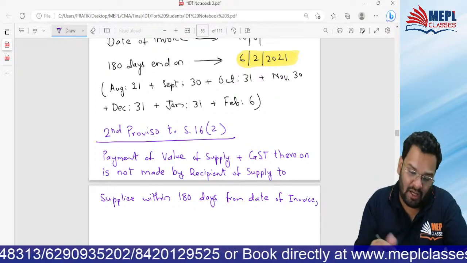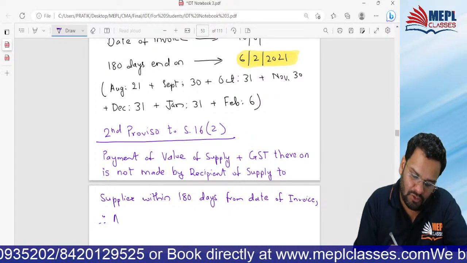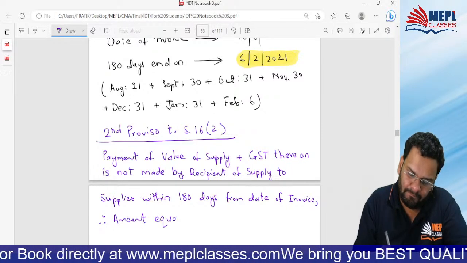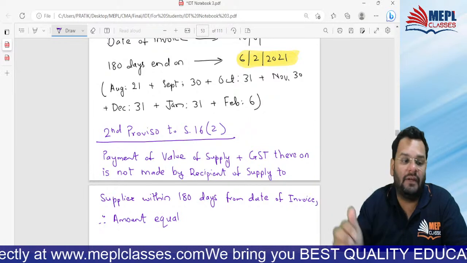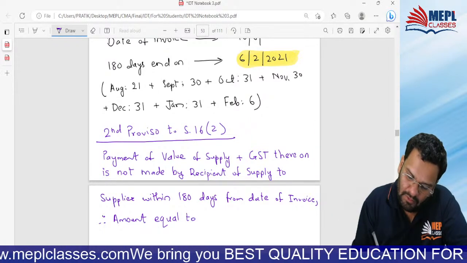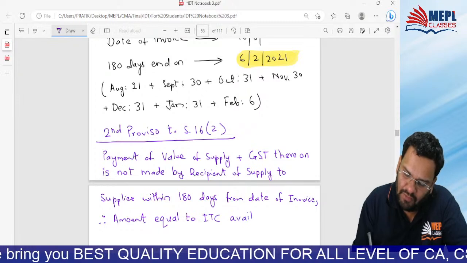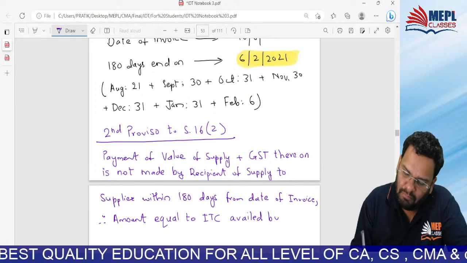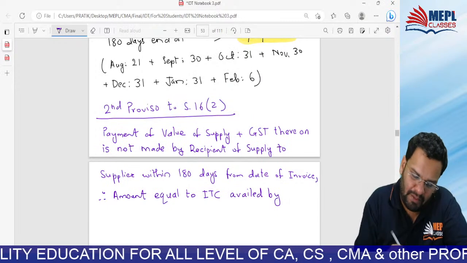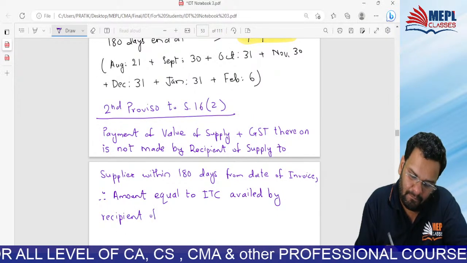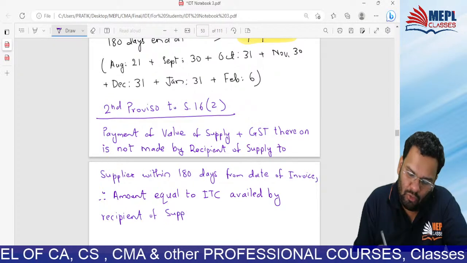Therefore, what is to be done now? Therefore, an amount equal to ITC availed by the recipient of supply, how much is that?